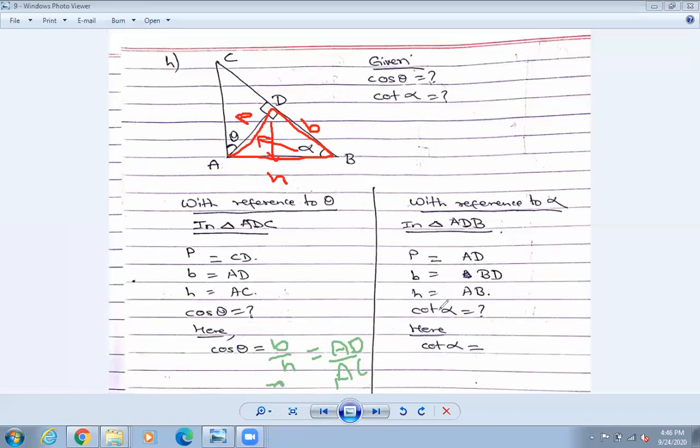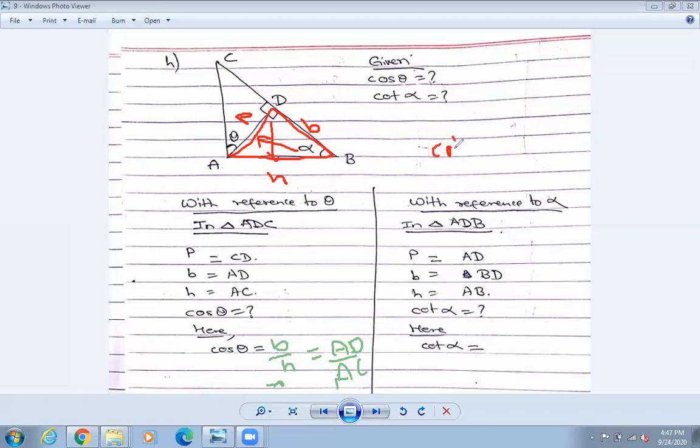Now the next term is given over here. Instead of sine, cos, and tan, there is cot alpha. I hope we have learned in optional math also what cot means.